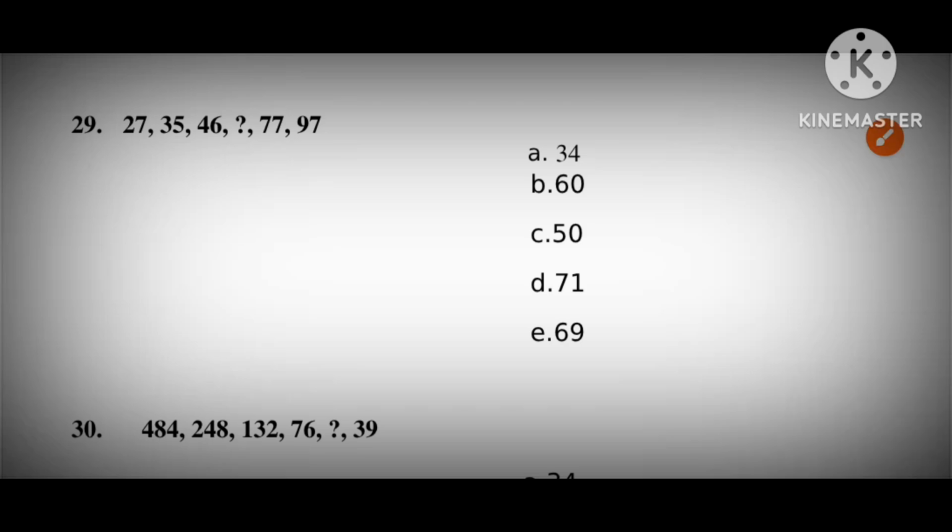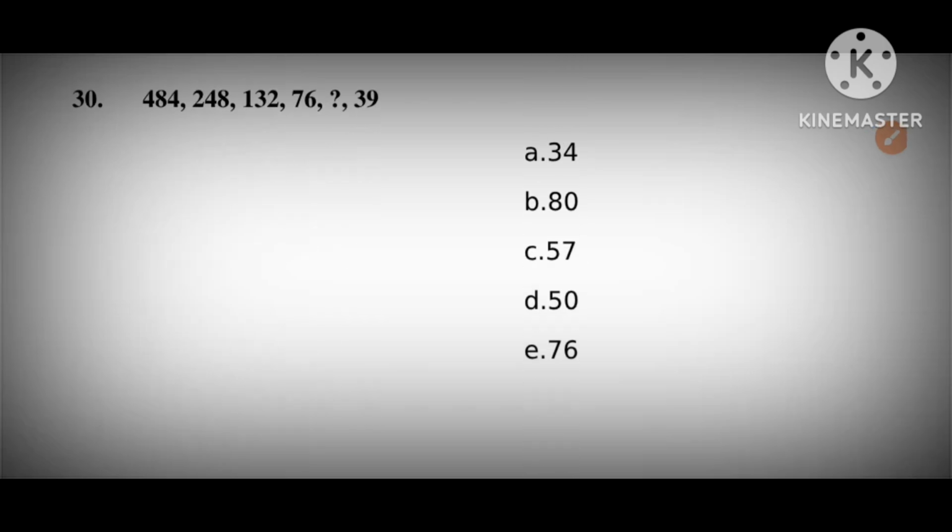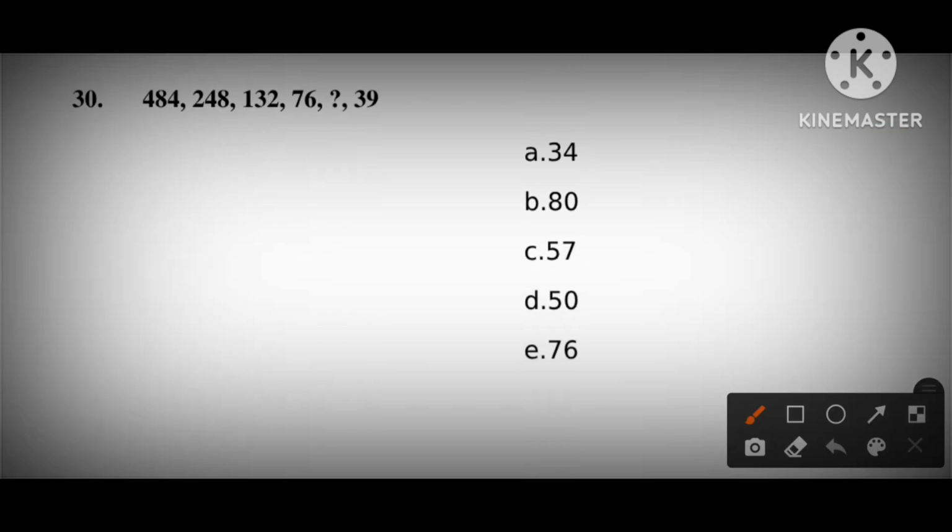The last question of the missing number series, which is here. Here we see it is nearly half times. If it is half times, what will be? We get 242 plus 6. Here we see nearly half times, which will be 124 plus 8.